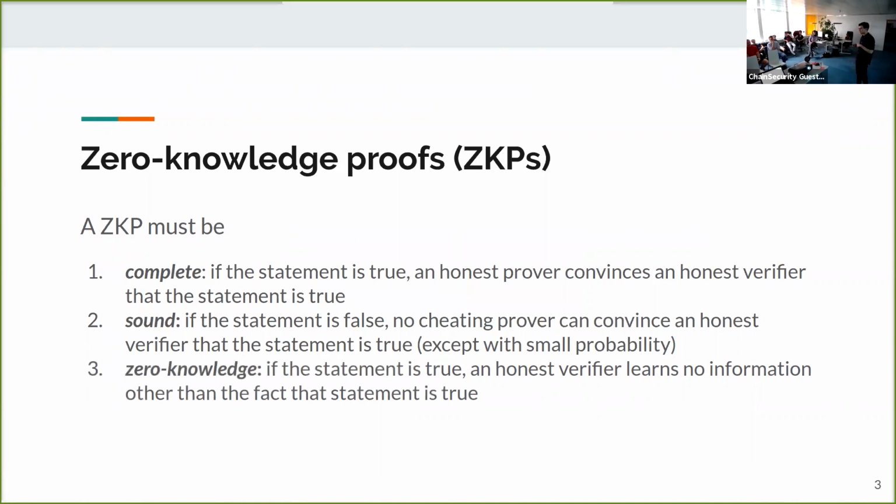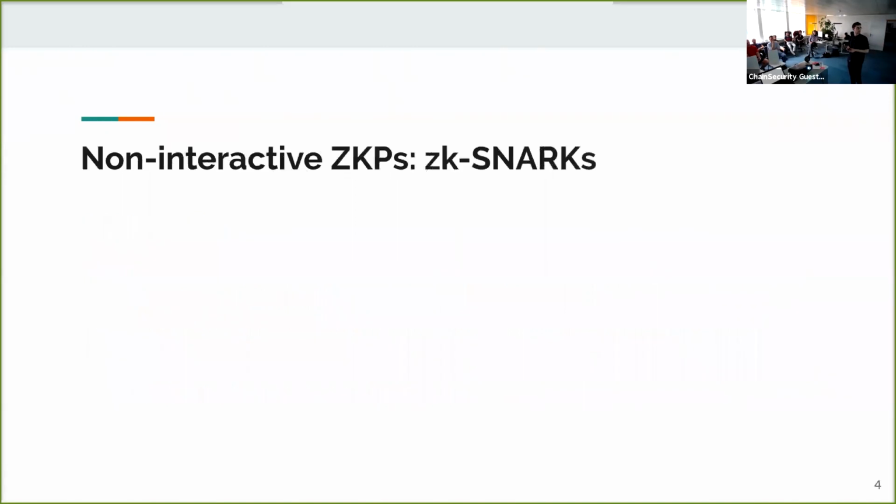For instance, in the Sudoku example, where the prover wants to prove it has a solution, maybe he would do this proof using a concrete solution to the puzzle. But because this proof is zero knowledge, the verifier will learn nothing about the concrete solution. So these three properties are what make up a zero-knowledge proof.